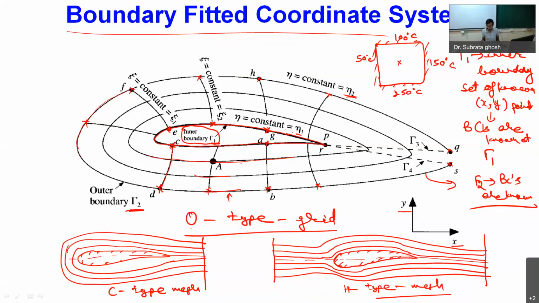Now if I want to predict the temperature at this center point, that value will be influenced by the values known at the boundary. Similar is the situation here.